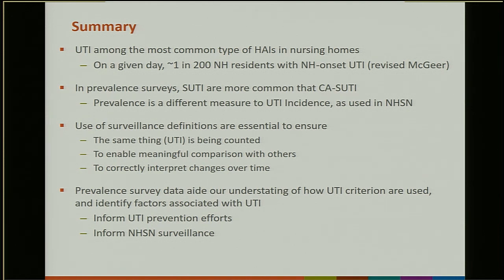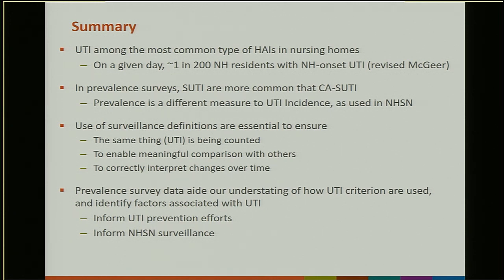So just to summarize some of the content that you have here today, focusing on urinary tract infections. Urinary tract infections remain one of the most common types of healthcare-associated infections in nursing homes, and we now have recent data from 2017 that helps confirm that UTI is very common among nursing home residents.